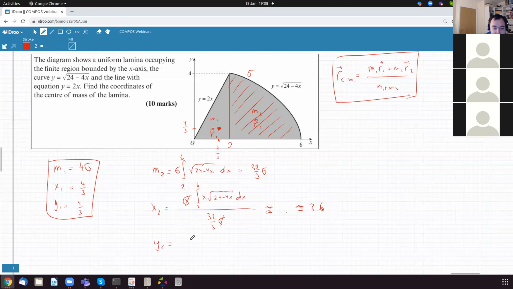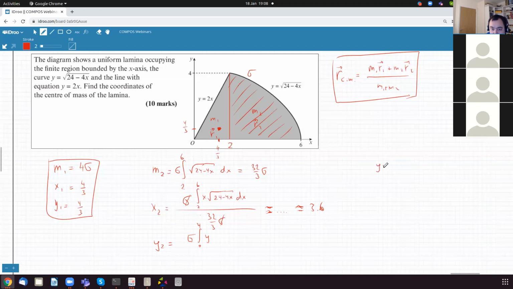Y2, the y coordinate of this center of mass, is sigma integral from 0 to 4, because y changes from 0 to 4, of y times x.